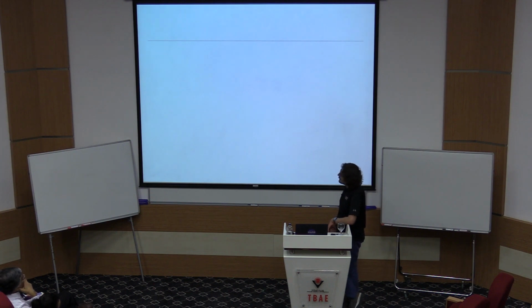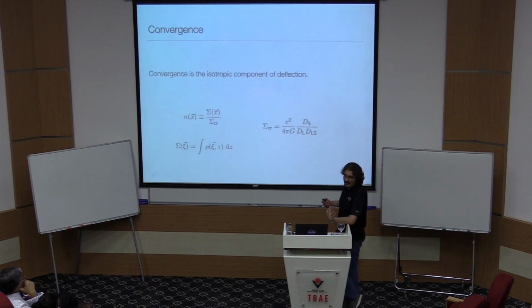They act very differently on your images, and very independently, in fact. The definition of kappa in terms of physical quantities is just the surface density of mass divided by the so-called critical density given here, in terms of your effective lensing distance, and the surface density of rho, which is the mass density.